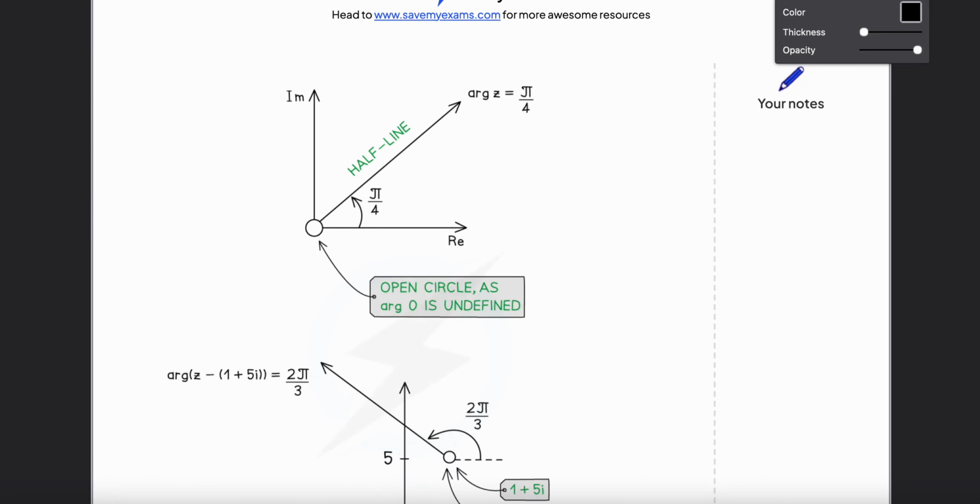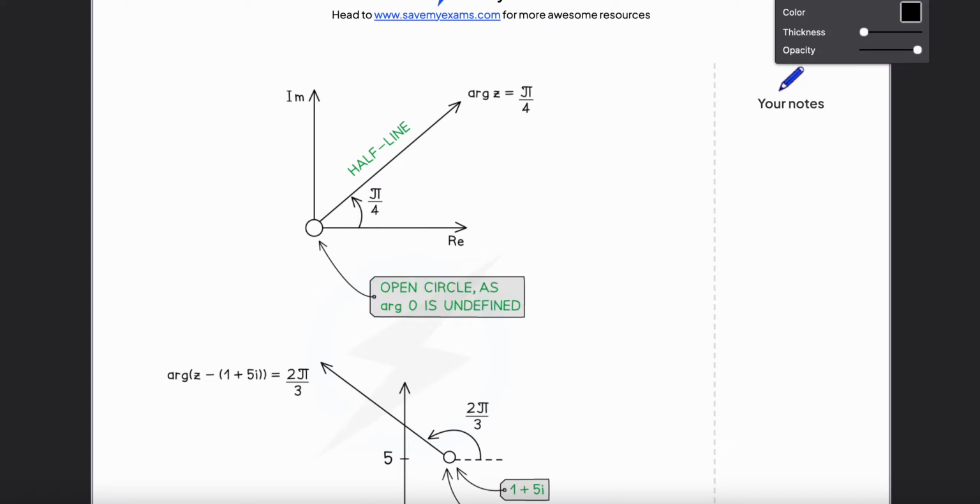Let's have an example. We want to represent the argument of z equals alpha equals pi over 4. And we know that when we are writing our argument, we start from the positive real axis and we go anti-clockwise.